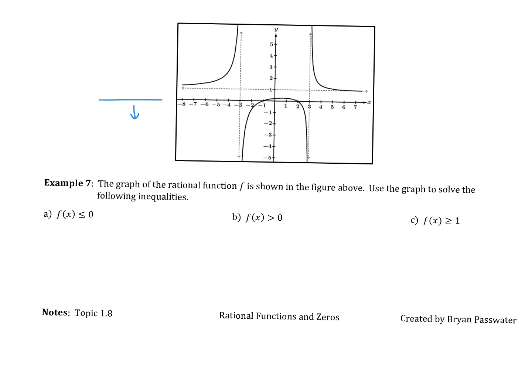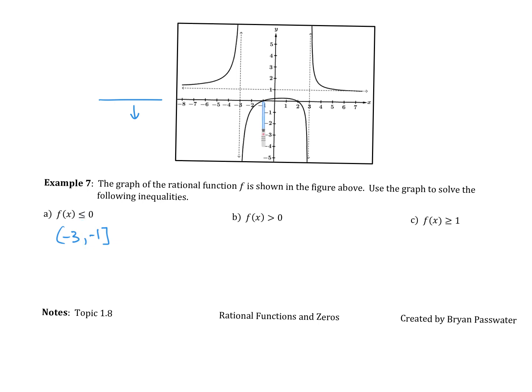-3. Do I get to include -3? No. So it gets a parenthesis because it has an asymptote right here. It's a vertical asymptote. And then it goes all the way till what? -1. Does it get to include -1? Yes, because it says or equal to 0.